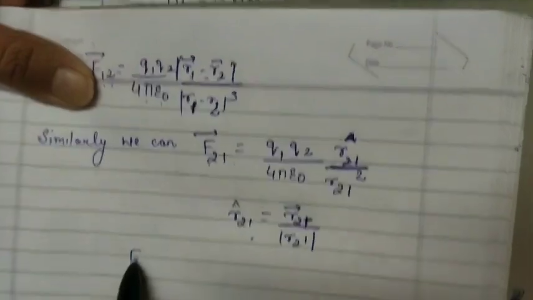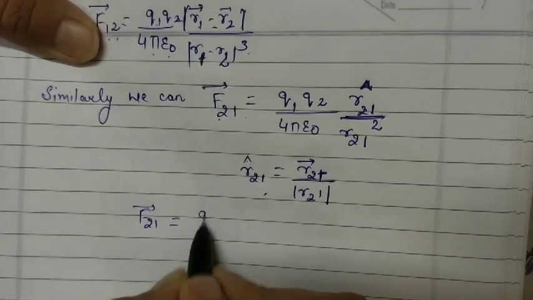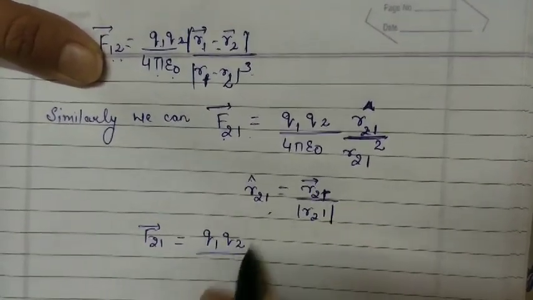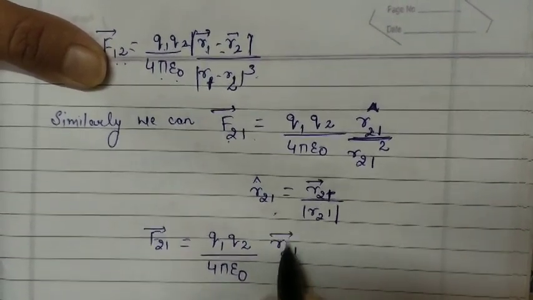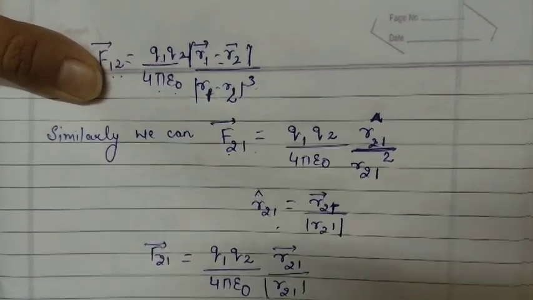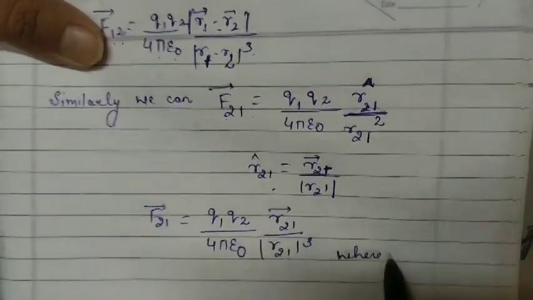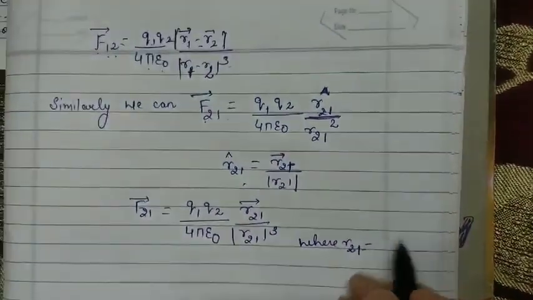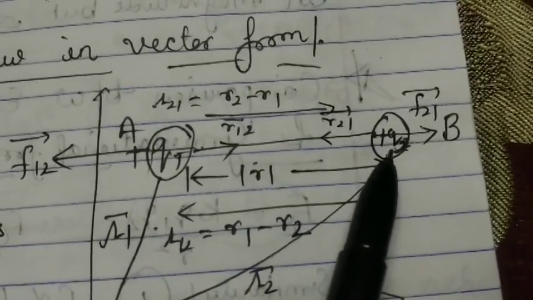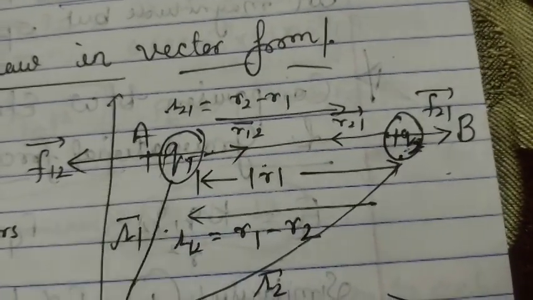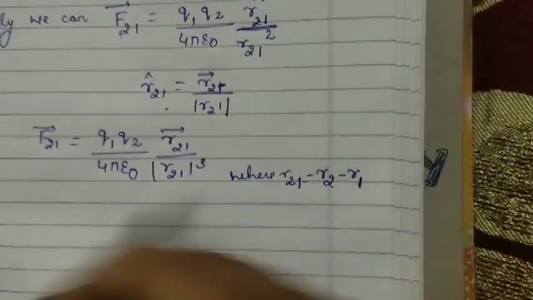Putting this in, the equation becomes F21 equals Q1 Q2 upon 4 pi epsilon naught R21 vector over R21 cube, where R21 is the second position vector minus the first position vector. R21 is equal to R2 minus R1.